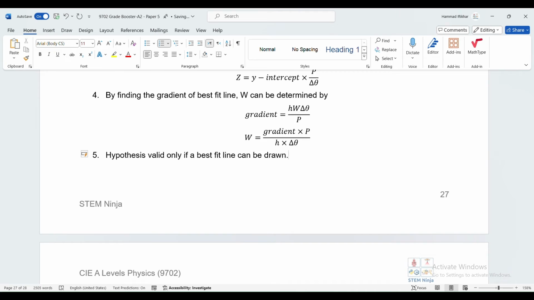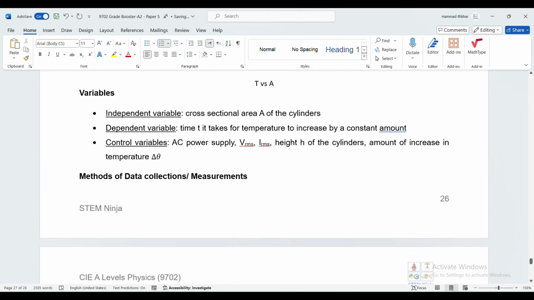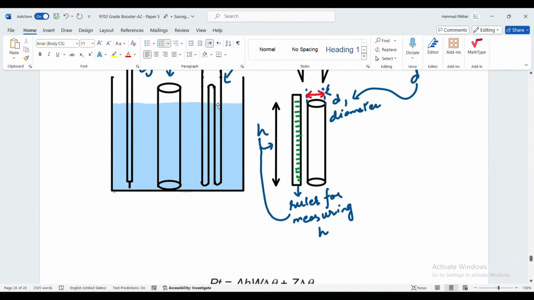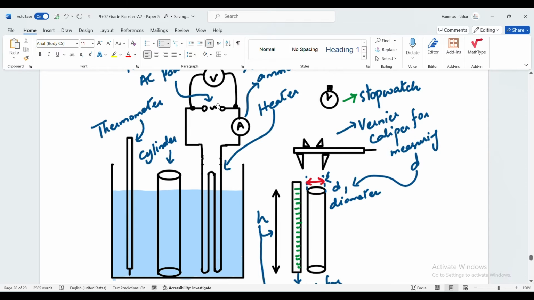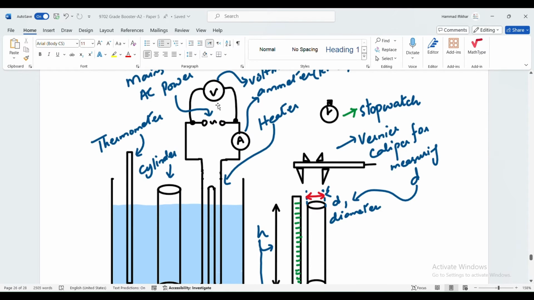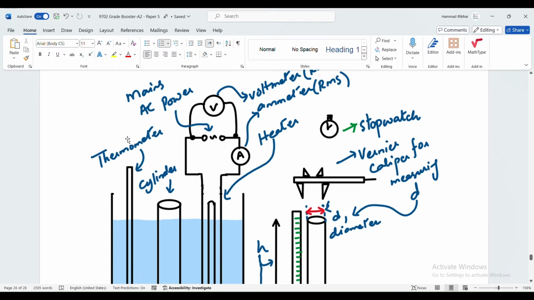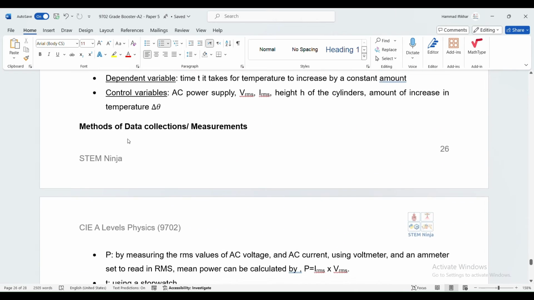Right. Okay. Now the safety precautions. Safety precautions have to do with handling of the heater mostly. Care must be taken with the thermometer also, because if it has mercury, then that's poisonous for humans, poisonous for us also. So mostly it's about the power.